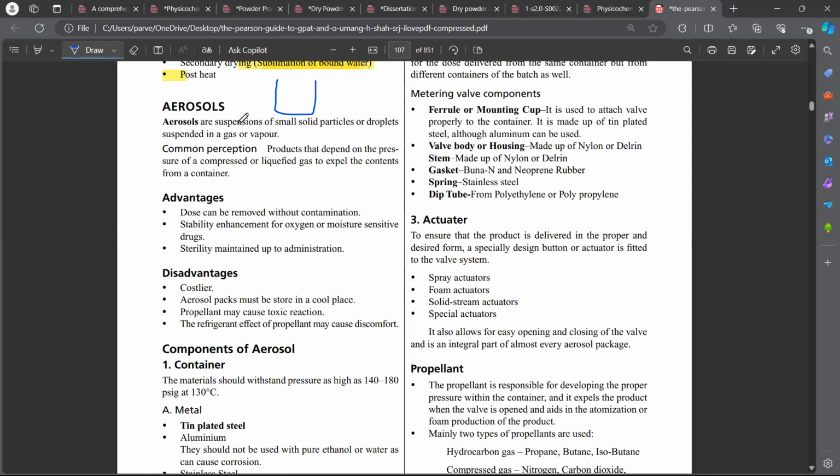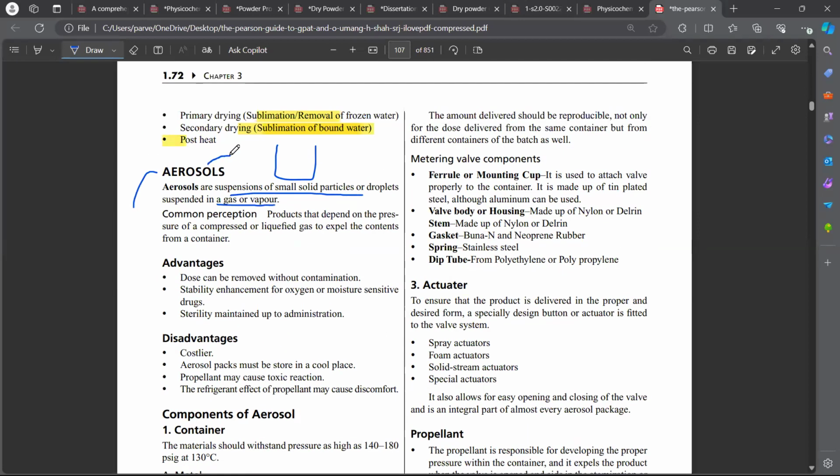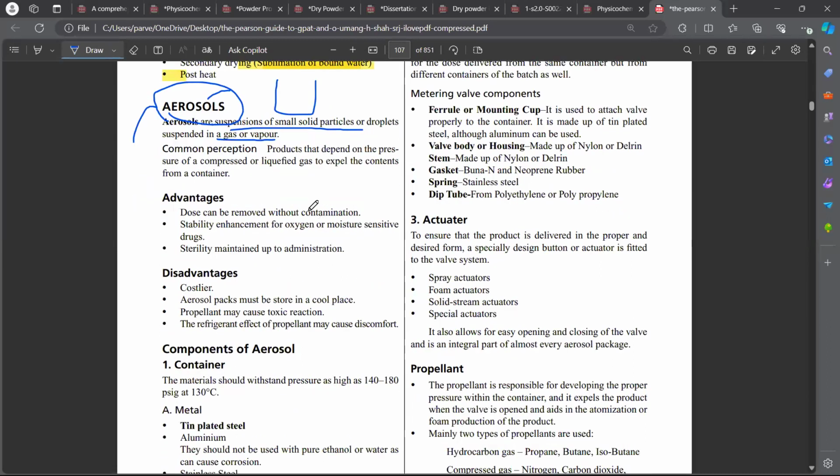Aerosols are majorly suspensions of small solid particles or liquid droplets in a gas or a vapor. These are generally pressurized contents, delivered via a device. Aerosols come under the category of drug-device combination, so this point you have to remember.